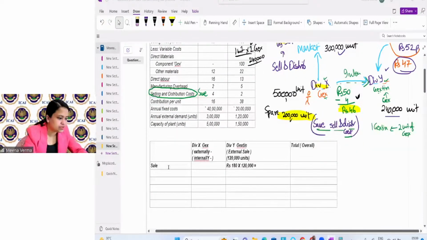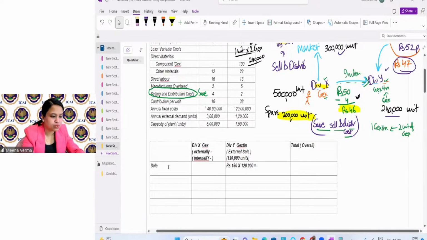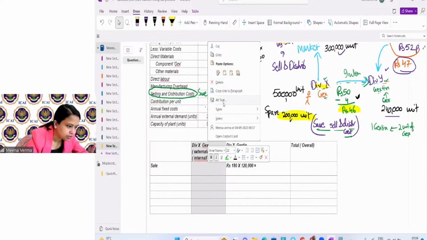In the case of Jix, I can see they have two types of sale, internal and external. I think I have to make one more column here.